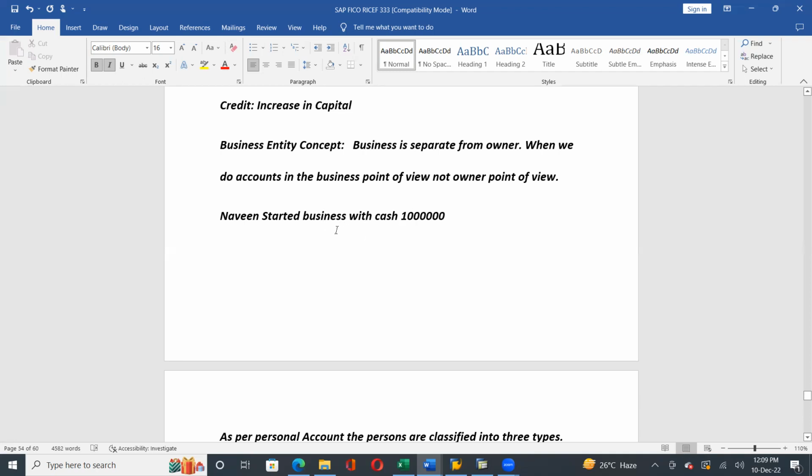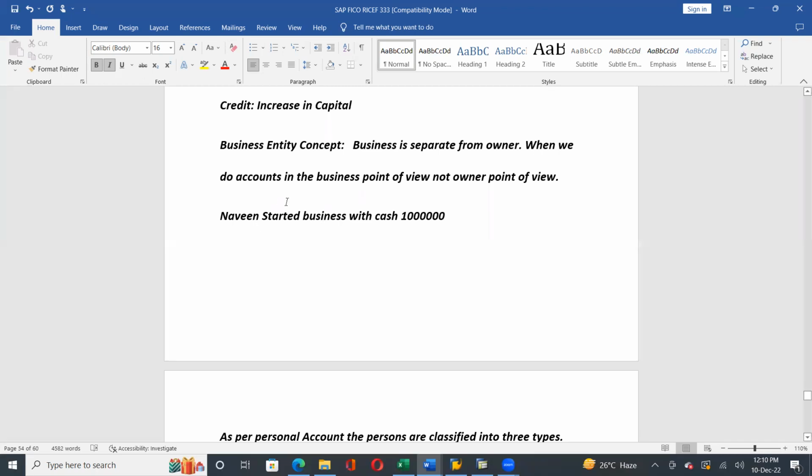So what is our prime job? Somebody is giving cash, so what is your duty? You will keep it with you, or later you need to repay it. So something which we need to repay, is it an asset or a liability? Liability.